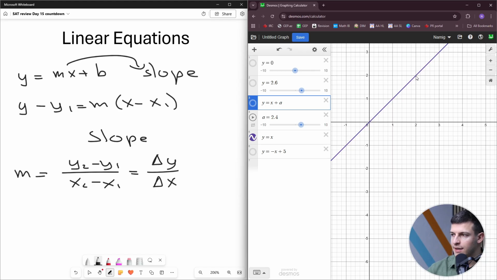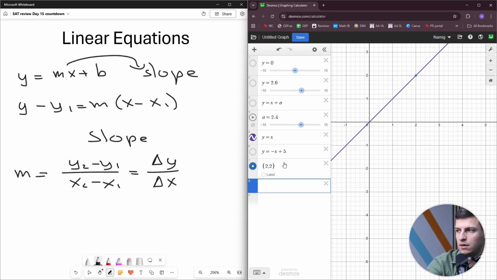All right, let's say I am taking this point, okay, in fact, let me do that. Okay, I'm going to give it a label so we can see it. Call it A. Okay, now I want to find out the slope of this line.